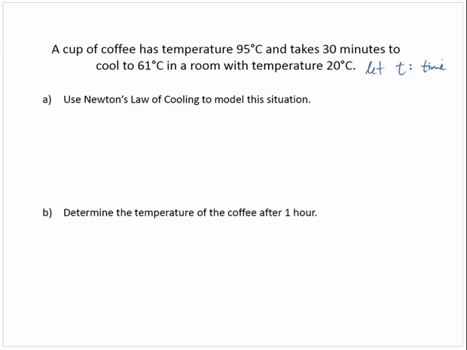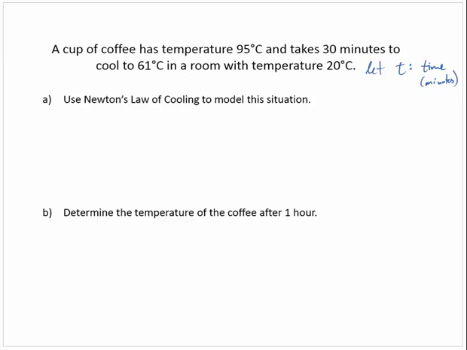Now, let's be careful. We could use minutes, we could use hours. I'm going to let t represent the time in minutes. Alright, so I'm going to use Newton's law of cooling to model this situation.